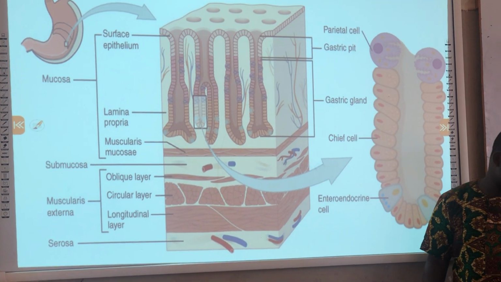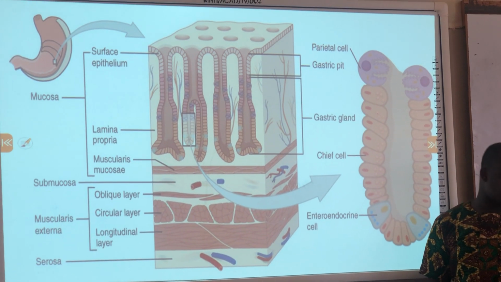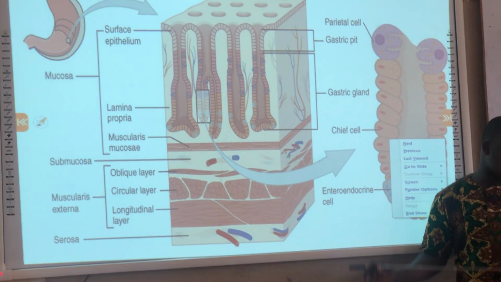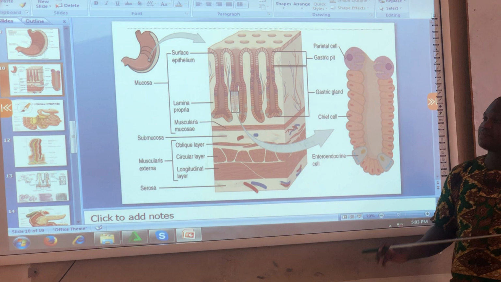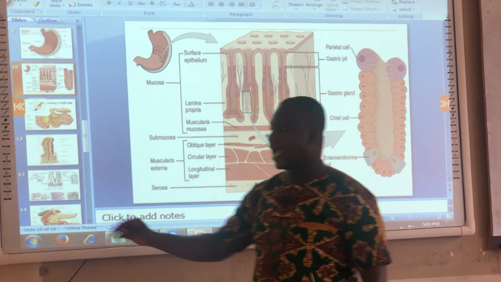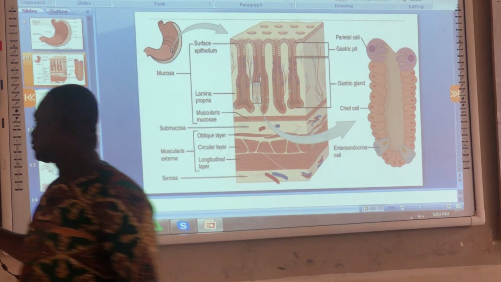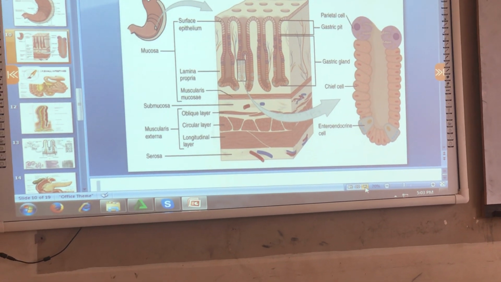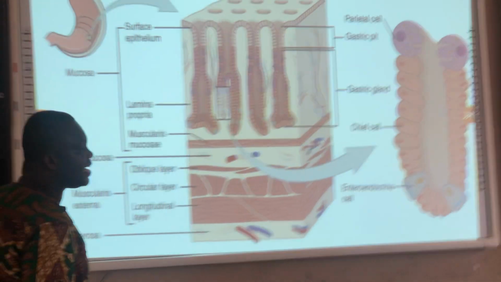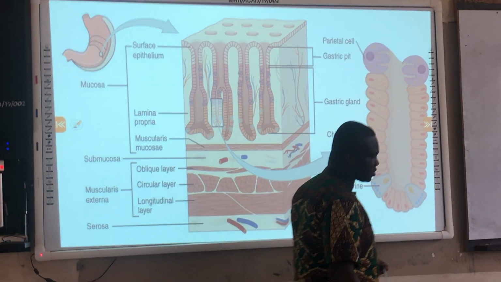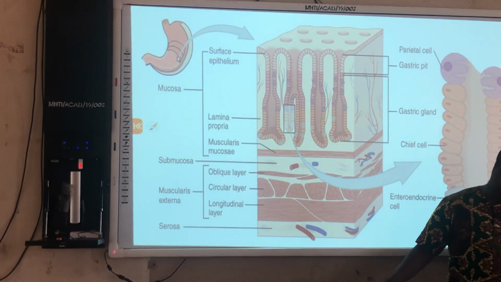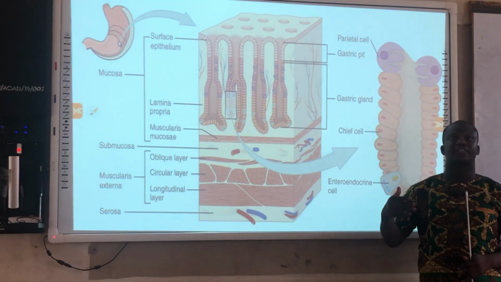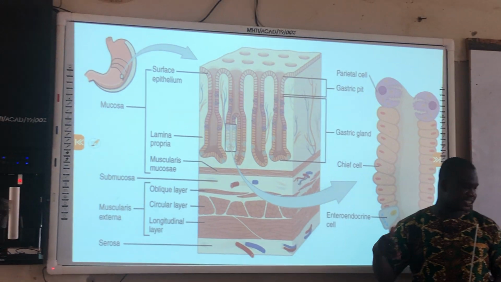Now, secondly, the second epithelial cells is the enterochromaffin cells. Now, what do they do? What is the function of the enterochromaffin cells? Their function is to secrete serotonin and histamine.